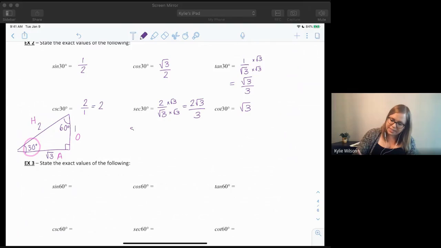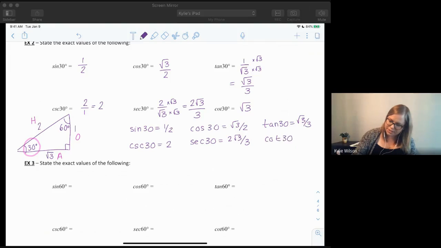So again, our magic numbers: sine 30 is a half, cos 30 is root 3 over 2, tan 30 is root 3 over 3, cosecant 30 is 2, secant 30 is 2 root 3 over 3, and cotangent 30 is root 3. Those are the numbers that we really need to know.